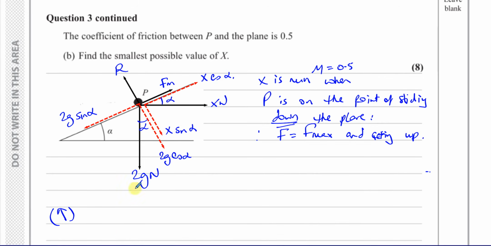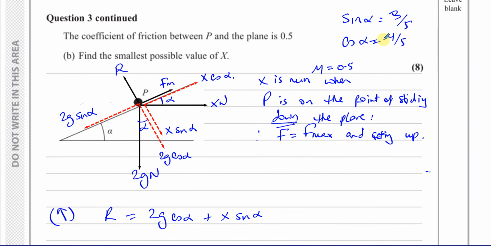So if we resolve the forces perpendicular to the plane, then R is equal to 2g cosine alpha plus x sine alpha. And we worked out already that the sine of alpha was 3 over 5, and the cosine of alpha was 4 over 5, because the tan was 3 over 4.